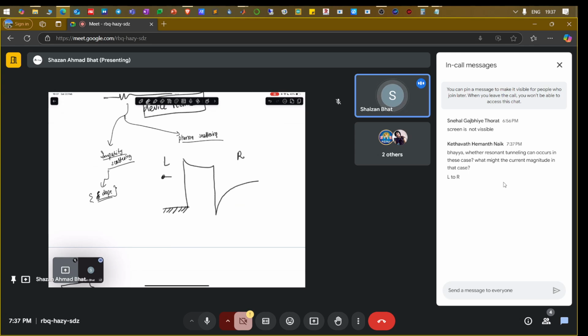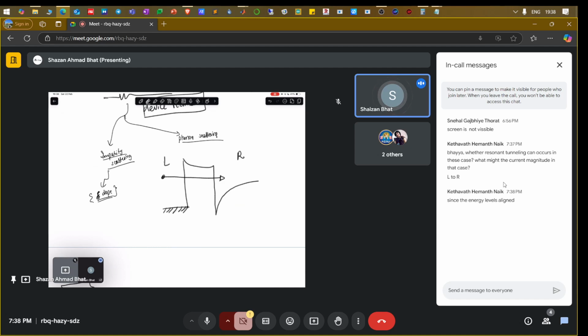So you mean a tunneling from this to this end, right? If you can speak, that will be better because that will be fast.